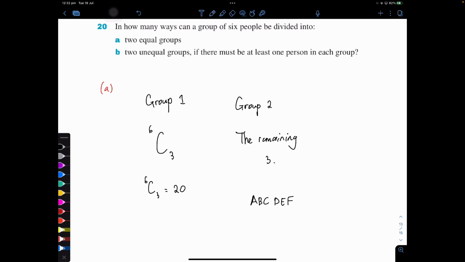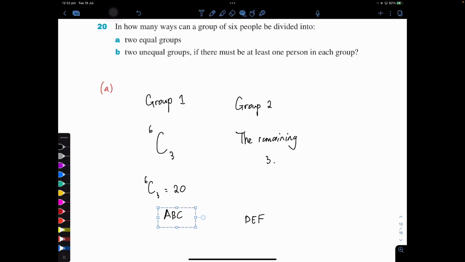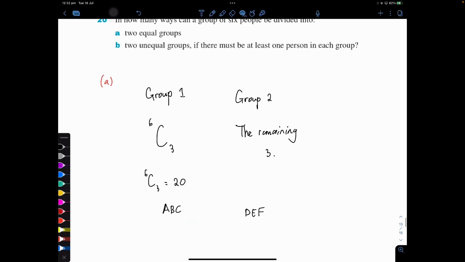Same for D, E, F. So that's why you have to divide by 2. And so the only thing you're really focusing on is rearranging these values, is that correct? And then that's how you divide by 2. Okay.